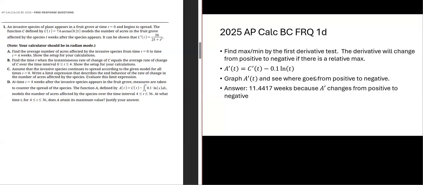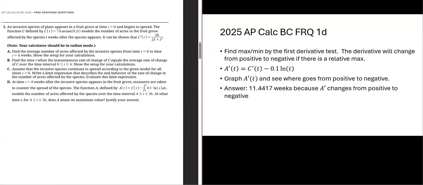I peeked at some other people's solutions already, just to cross-check my answers. They started putting in tables to show that A prime changed from positive to negative. You could do that. Honestly, from looking at scoring guidelines before, if I remember correctly, if you just state this, it should be fine. You don't have to show a whole table.